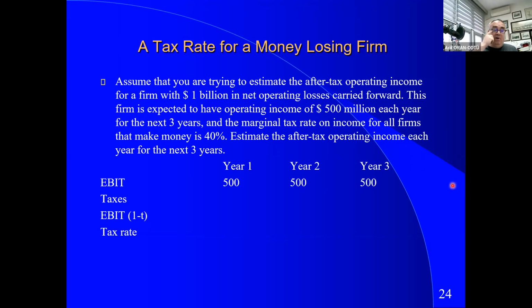Because if you have accumulated losses of $1 billion from the past, and if I buy your company and I can take that 1 billion accumulated loss and deduct it from my taxable income, and if I'm paying 30% taxes, that means that 1 billion accumulated loss actually means that I pay 300 million less in taxes. So it can be pretty valuable. You might want to take a look at that.